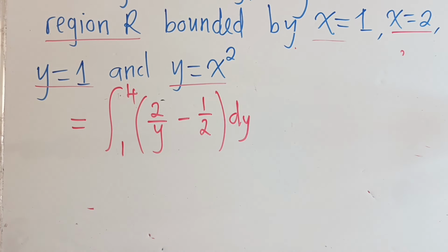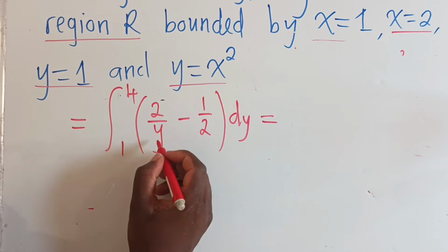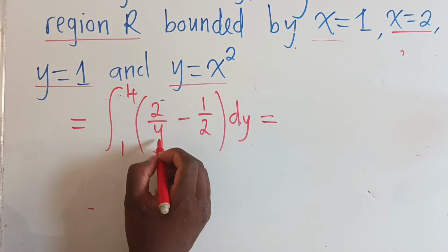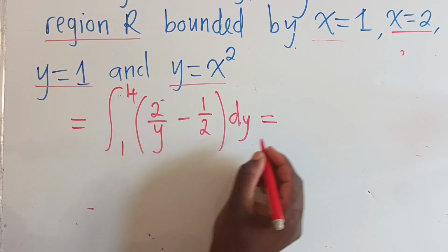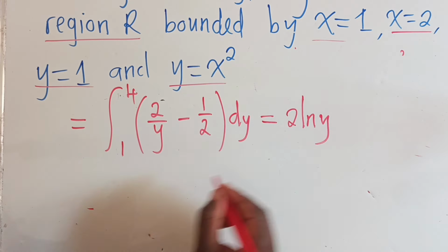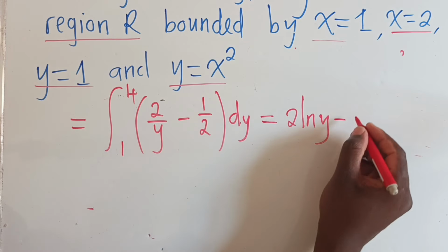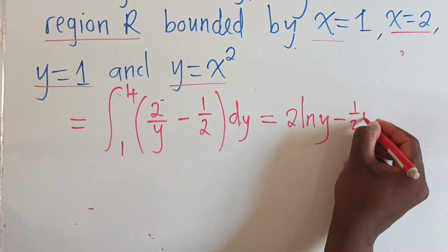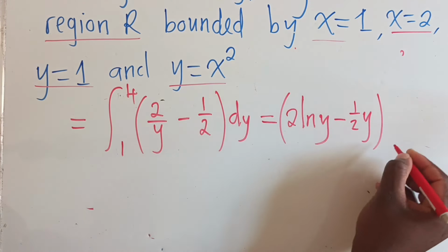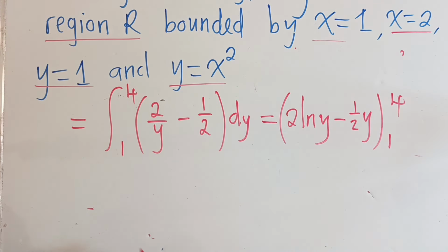And then from here, we can say equal to, now the integral of 2 over y will be 2 ln y, okay? Minus the integral of 1 over 2 with respect to y, it will just be 1 over 2y. And then the limits, we've got a 1 here as the lower limit and a 4 as the upper limit.